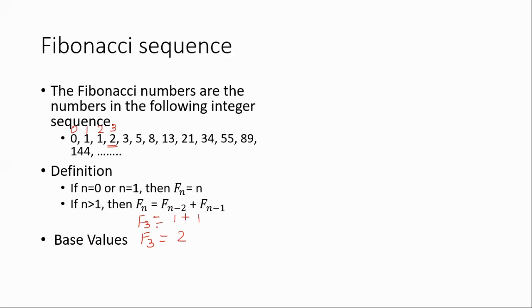Now, talking about the base values, whenever we have a recursive function, what is important for us? Our important thing is the base criteria. Base criteria is needed, isn't it? So how do we get a base criteria from this? The first condition will be the base criteria.